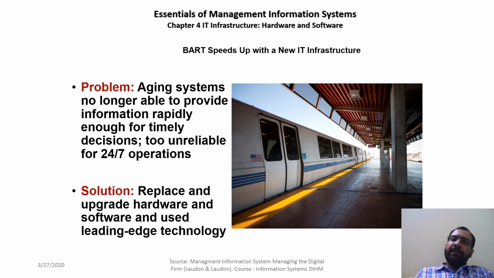That is regarding aging systems no longer able to provide information rapidly enough for timely decisions, too unreliable for 24/7 operations. So of course, whenever we have aging systems, that is the problem, because whenever new requirements are coming, the aging system does not have the capacity to incorporate those new issues, those new problems, and of course, then we have to decide at one point in time that we need new solutions, which are more reliable and also provide uninterrupted 24/7 operations.